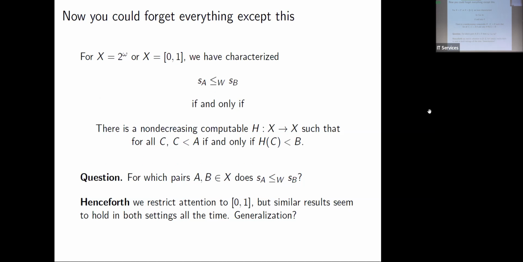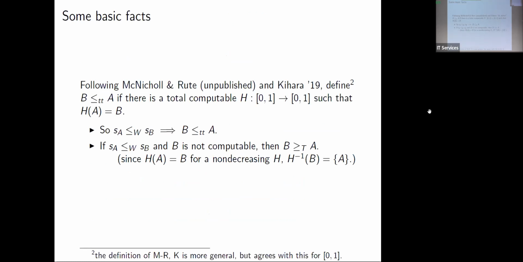All right, so let's talk about some basic facts about this reducibility that we can deduce by this non-decreasing H characterization. First of all, there is a notion of tt reducibility for real numbers.